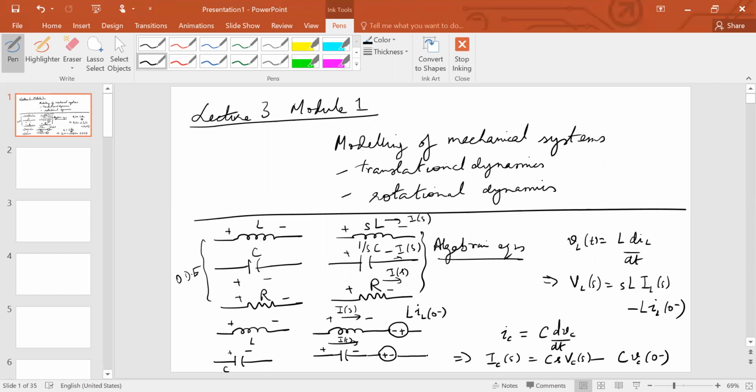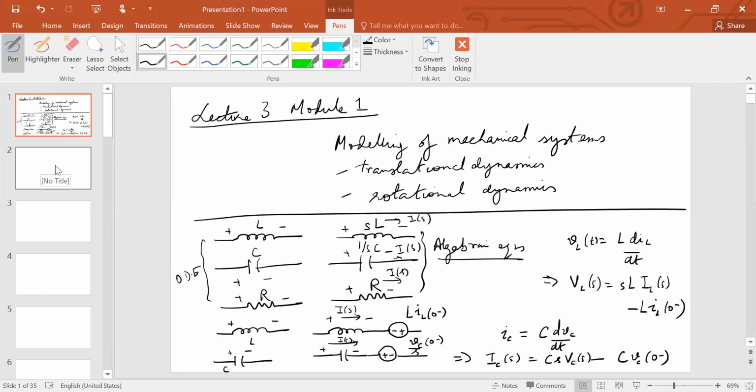The voltage source will then have V_C(0-)/s. So this is the exact replacement in the transform domain that will help you in solving. We'll have some exercises right at the end of this module, or maybe at the end of the lecture. It will come with your slides, so do practice them. So that's a quick point that I wanted to clarify.